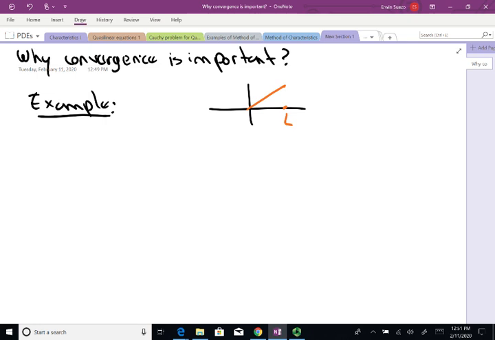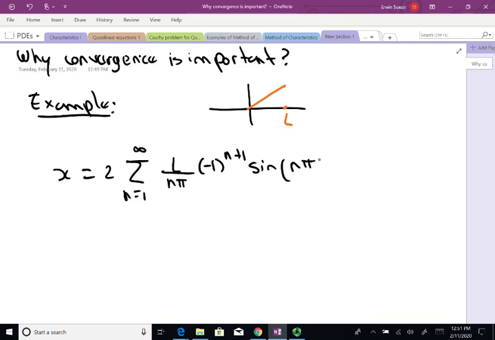And so when we find the Fourier series of x between 0 and L, it turns out to be this one: x equals 2 times the sum n equals 1 to infinity of L over n pi times minus 1 to the n plus 1 times sine n pi x over L, for x between 0 and L.